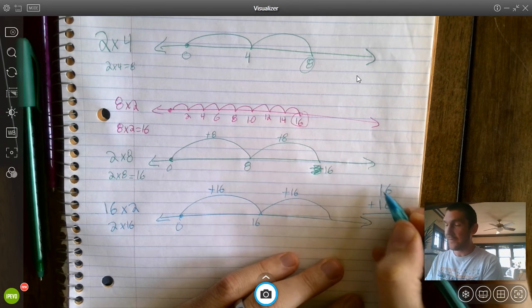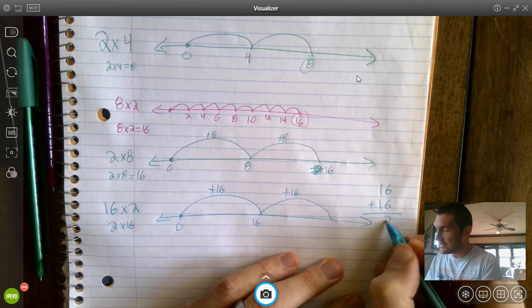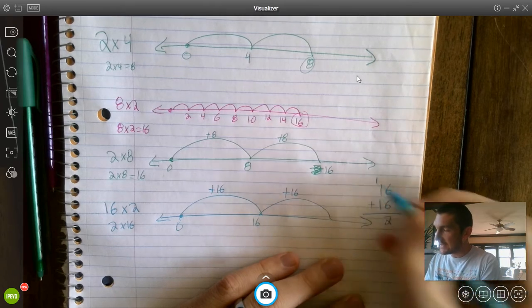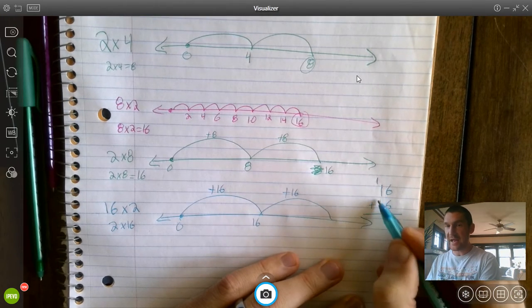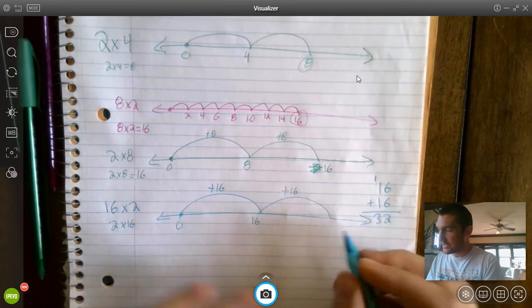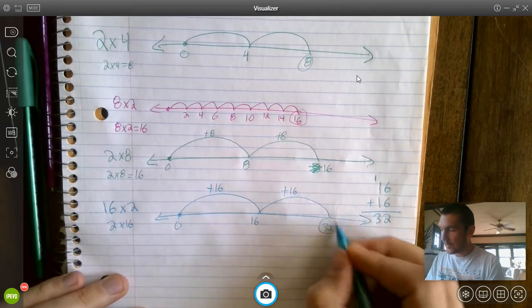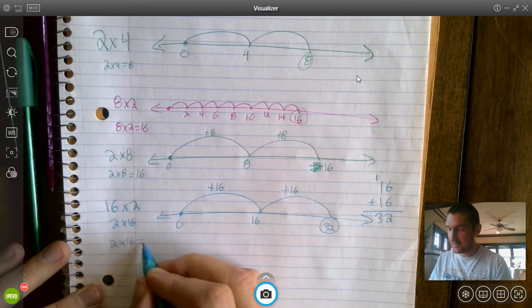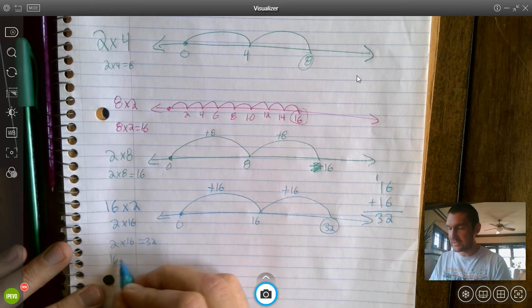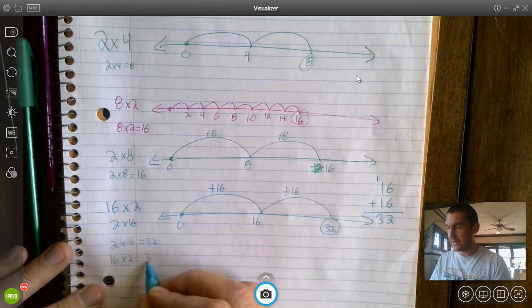Now, one way to solve addition problems is to put the ones digit down here and the tens digit up there. So that would give me 3 tens, which would give me 32. Okay, so 2 16s is 32, or 16 times 2, also 32.